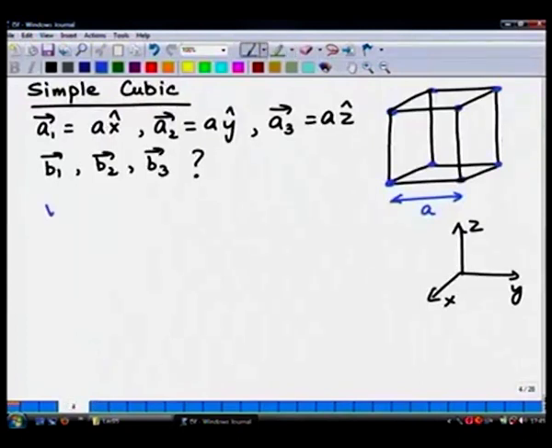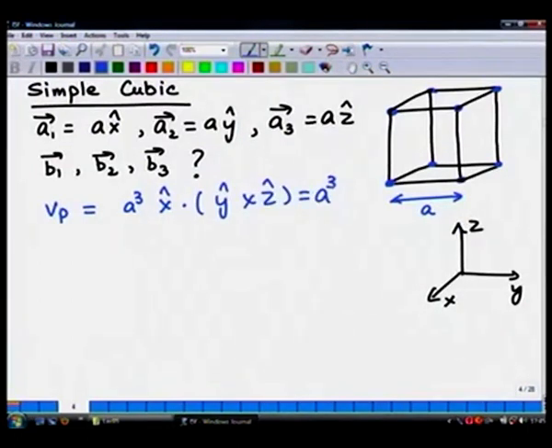Now what is Vp? In this case, that will simply be a x hat dot a y hat cross a z hat, which of course is just a cube. That is what we expected: the volume of the primitive cell is just a cube.